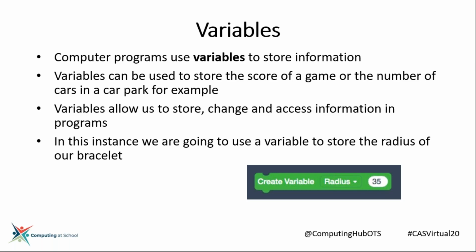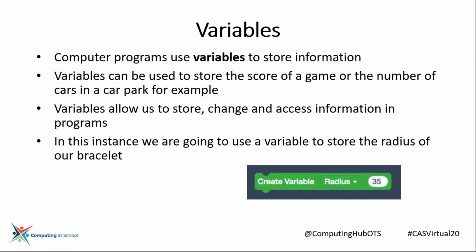And in this instance, we'll see another little clip unwind in a minute. We just drag and drop a variable across. We've defined it, we've called it the radius, and at this point we store that number 35, which will be millimeters in this instance in that variable.